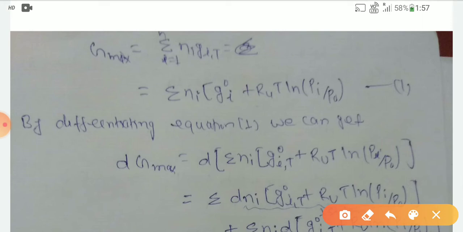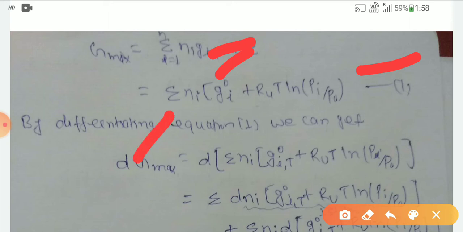So you can write G max equal to the summation of Ni times Gi standard at constant temperature plus Ru T ln Pi by P naught. I consider this equation as equation 1. Again I differentiate this equation.